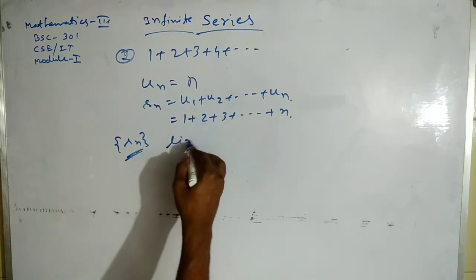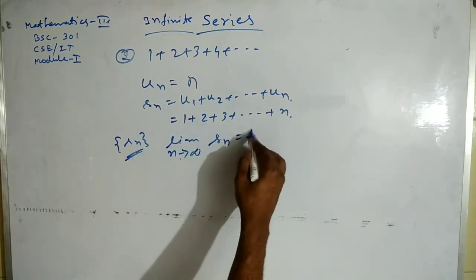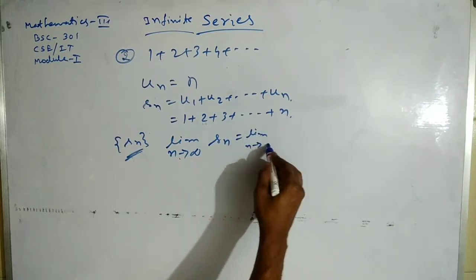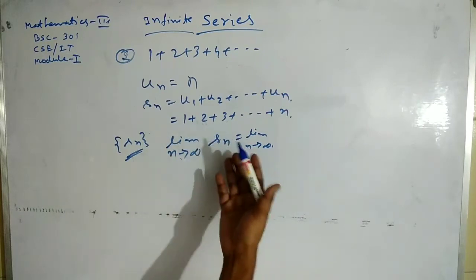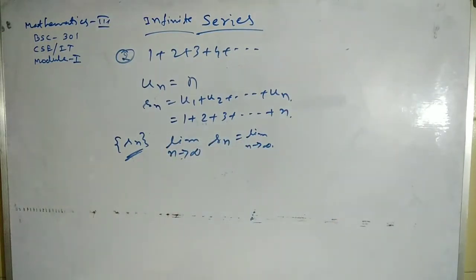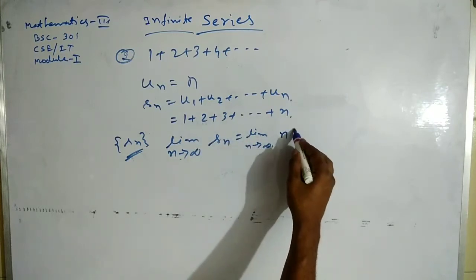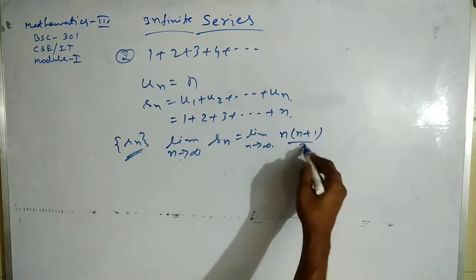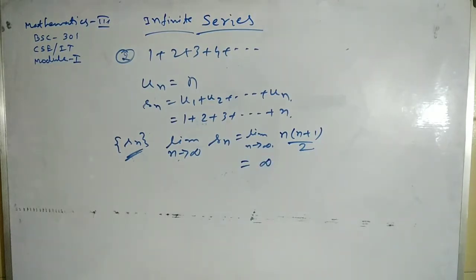For that we find the limit as n tends to infinity of Sn. So Sn is 1 plus 2 plus ..., the sum of the first n natural numbers, and we know that the sum of the first n natural numbers is n into n plus 1 by 2, and it will be equal to infinite. So the limit as n tends to infinity of Sn is infinite.